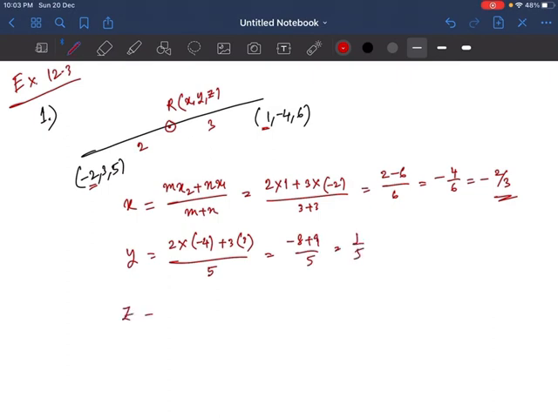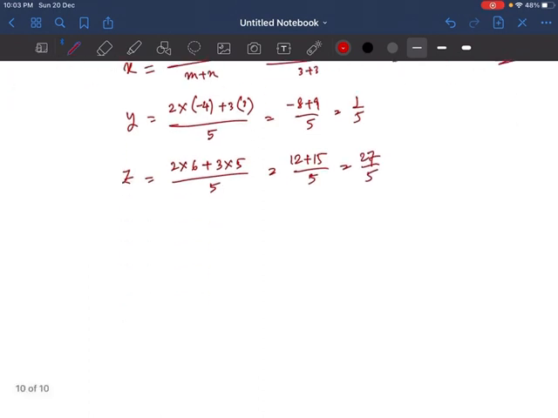And z is equal to what? z is equal to m, that is 2 again, m into z2. Now z2 is 6. Then plus n is 3, 3 into z1 which is 5, divided by 5. So that is coming out to be 12 plus 15 divided by 5, that is 27 by 5.